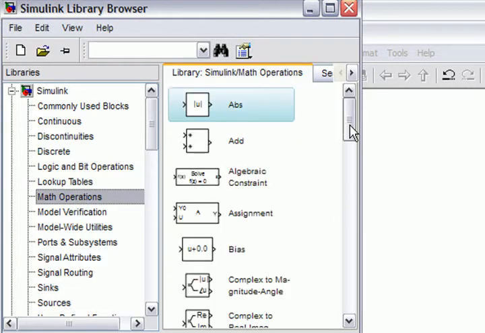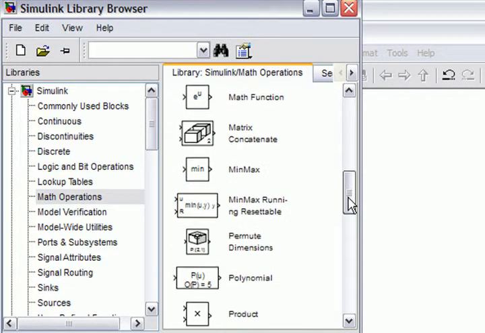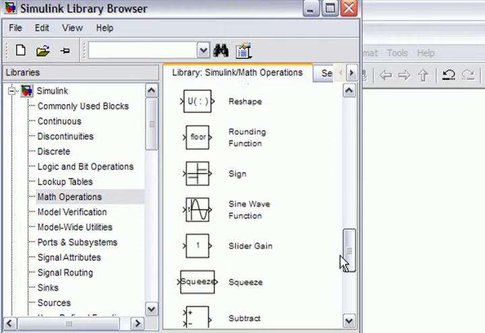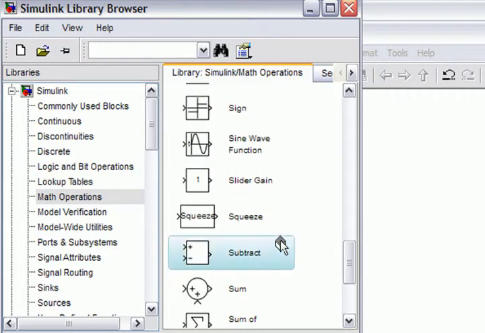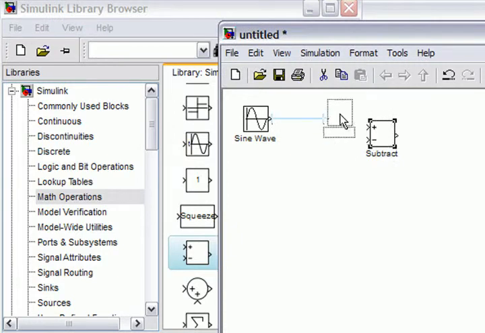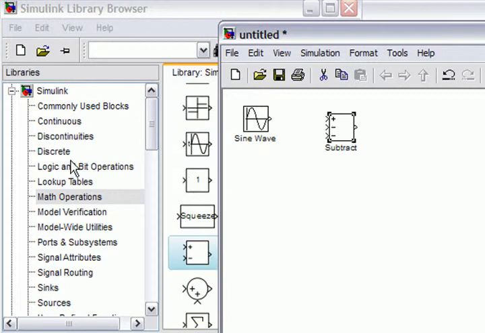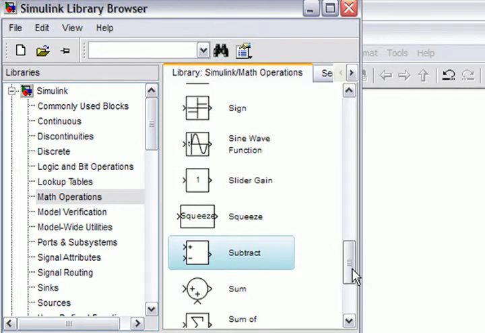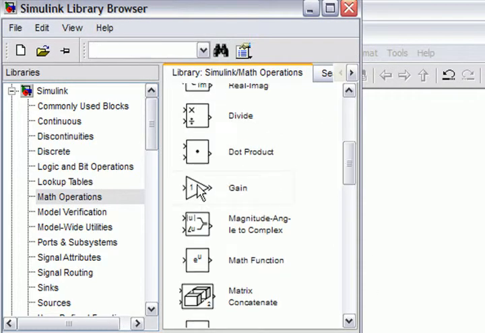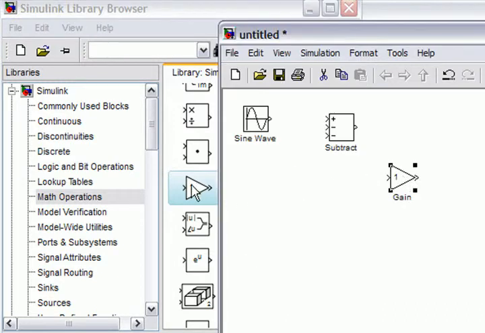From math operations, let's get subtract block and change its list of signs to plus, minus, minus. From the same subcategory, we choose two gain blocks and adjust their gains to 2 and 3.